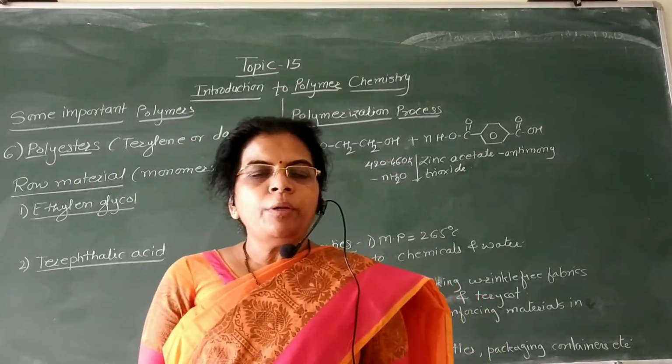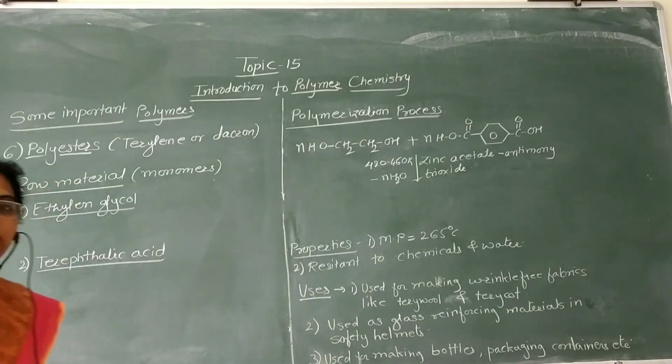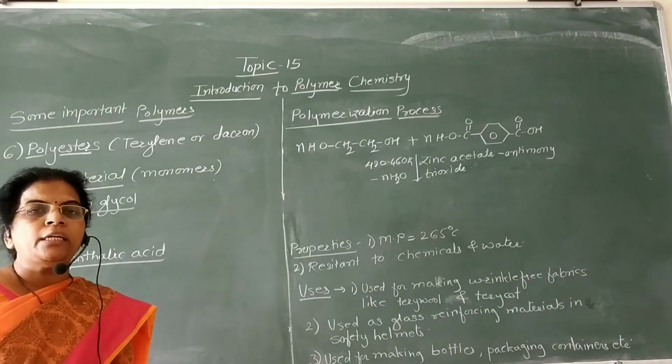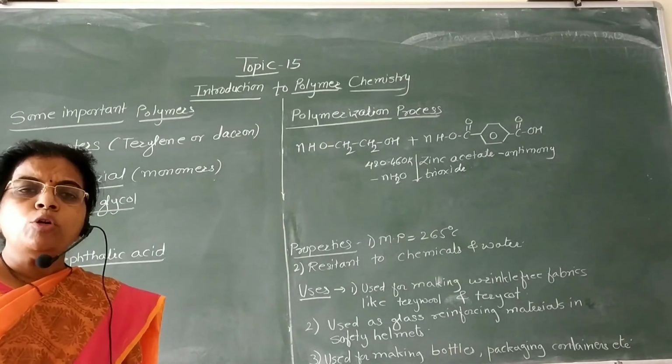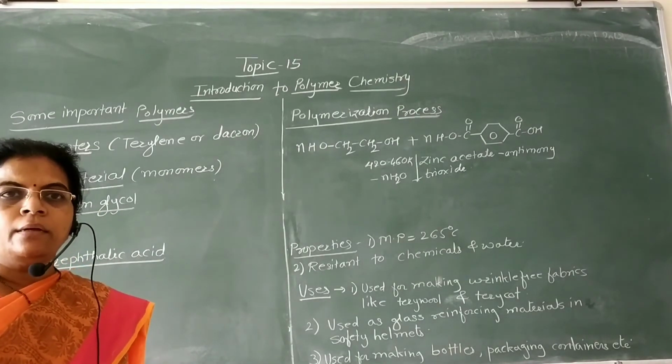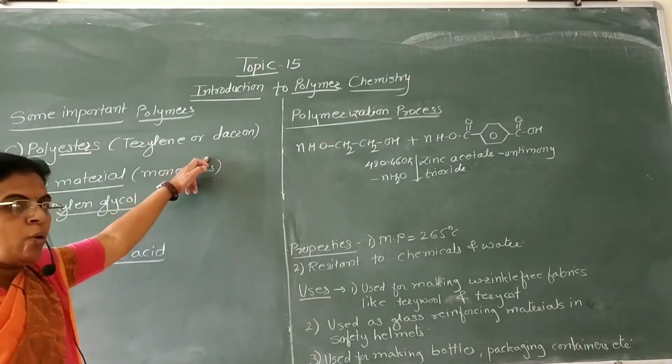Next important polymer is polyester. This polyester possesses ester linkage and therefore it is named polyester. The most important polyester polymer is terylene or dacron.